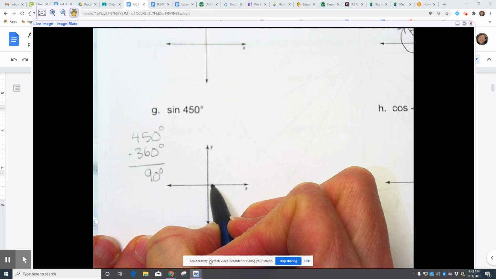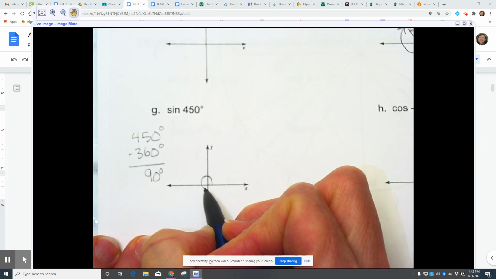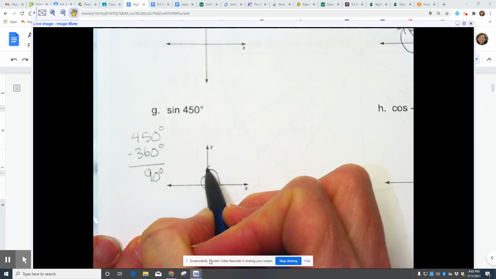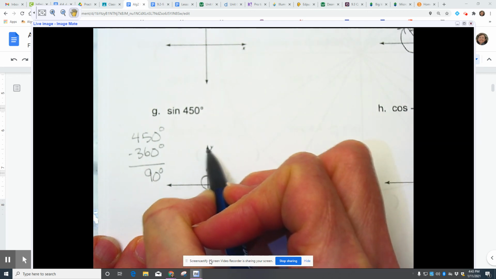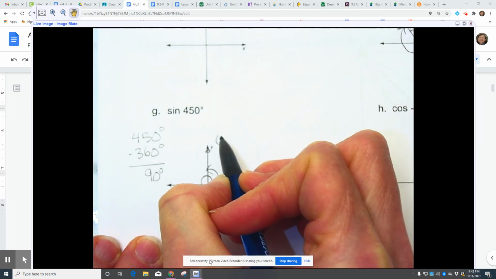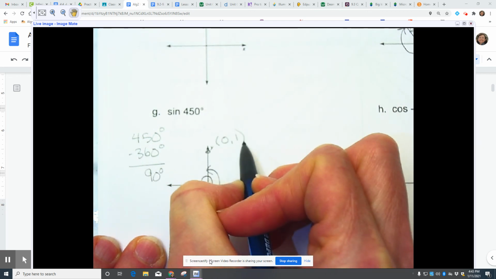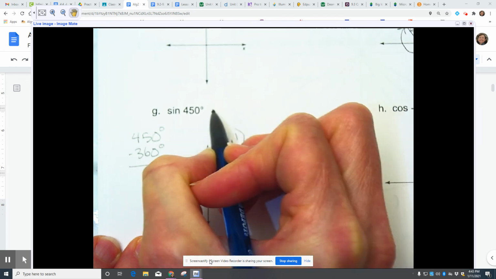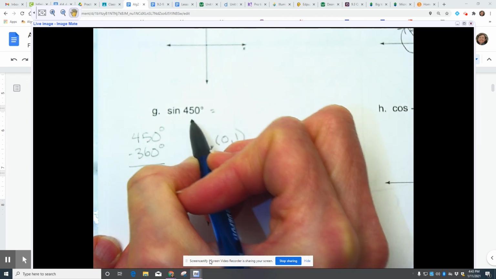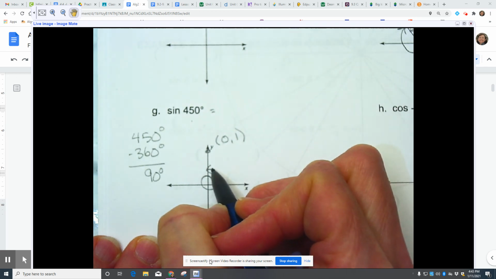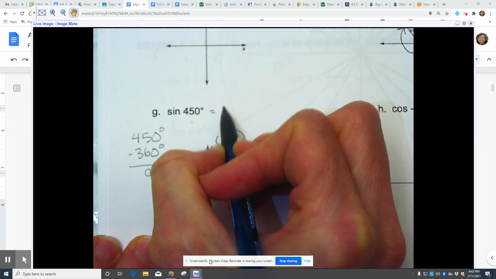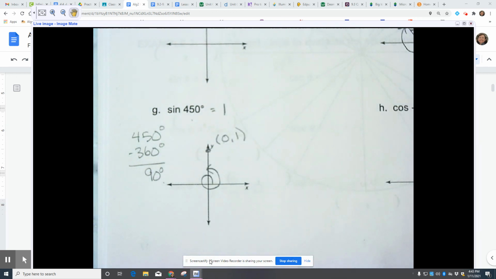For 450, I go all the way around and then I go back up to 90 degrees. So I'm here. The coordinate point here is 0, 1. Cosine, sine, so the sine of 450 is the same as the sine of 90, and it is 1. Okay, that is it for our second video.